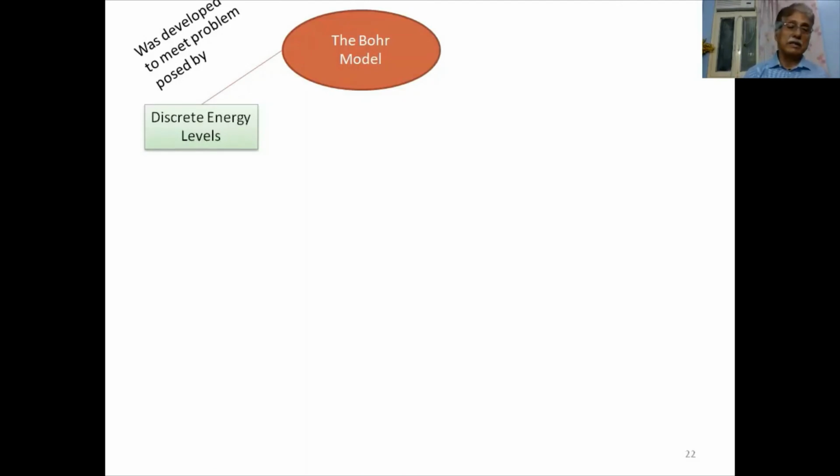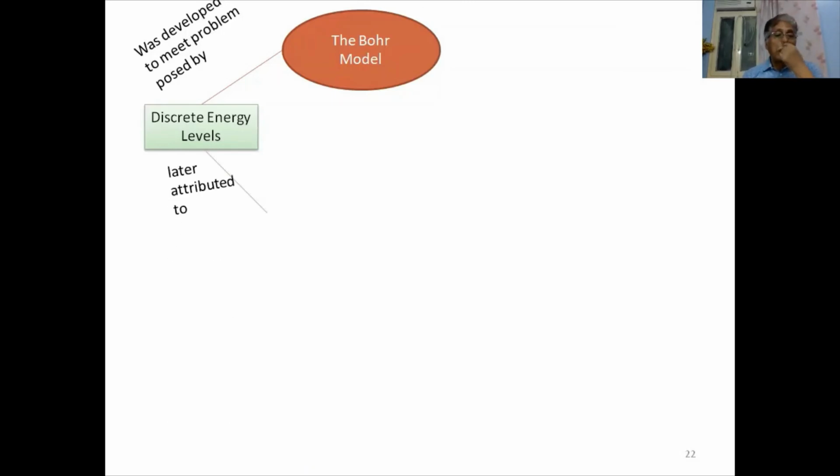As I have already discussed, the Rutherford model was giving an erroneous result that the hydrogen atom spectrum could be continuous, whereas experimentally discrete energy levels were there. Experimentally discrete wavelengths were found in the radiation, so discrete energy levels were there. So the Bohr model was developed to meet the problem posed by discrete energy levels and not the continuous spectrum.